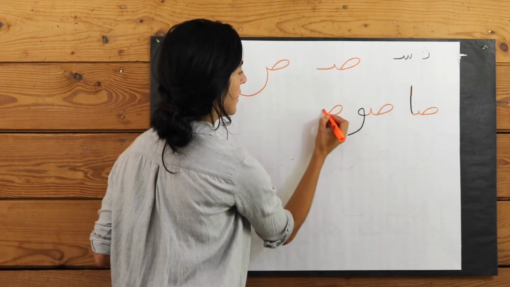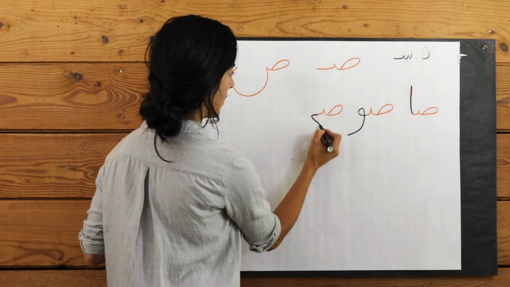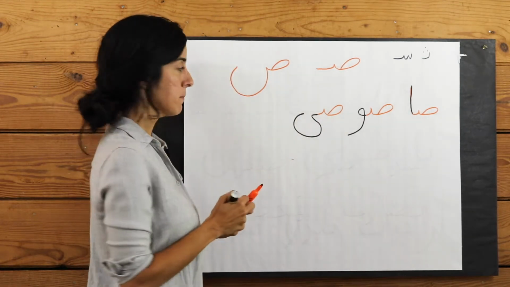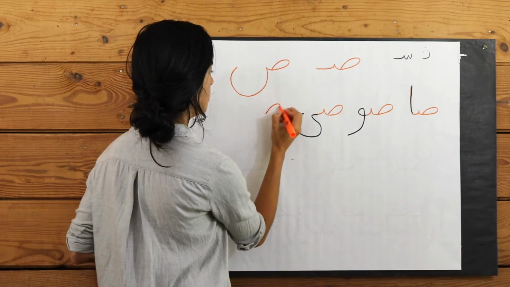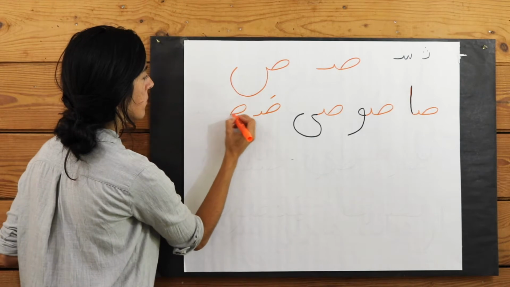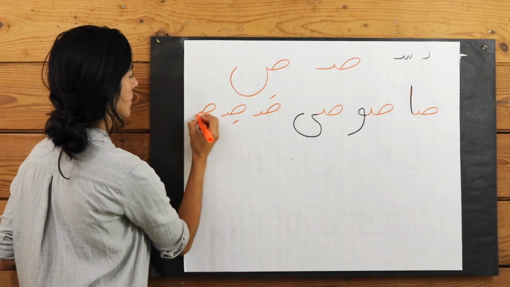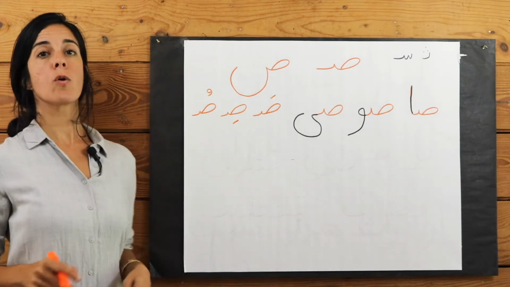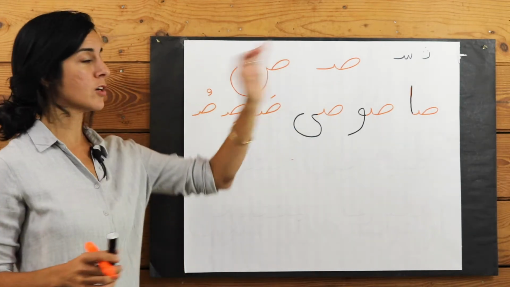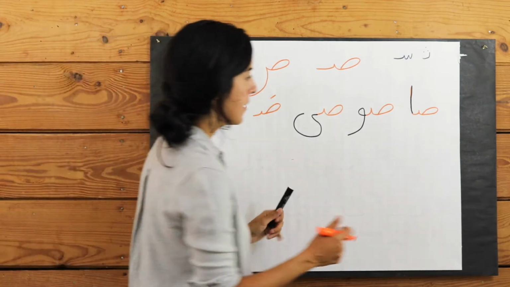This one is a little bit less common. So we'll see what words we can form with this letter. Si, sa, se, and so. Again, you're an expert at doing this, so I'm not going to go over it again.